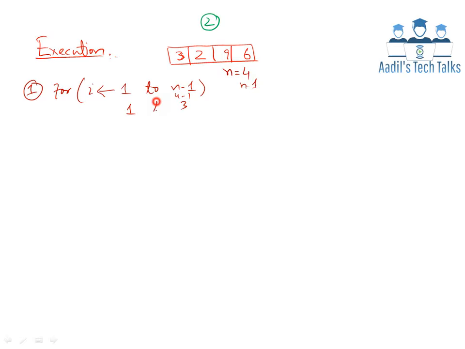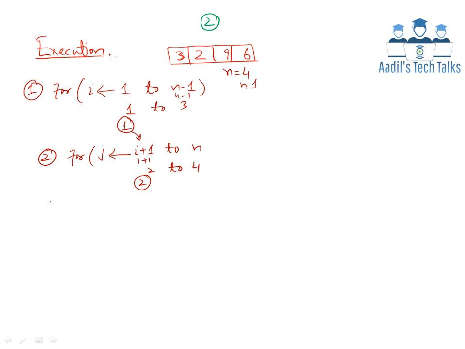This means for i gets 1 to 3, and the first value of i is 1. Second, for j gets i plus 1 to n. Now i is 1, so 1 plus 1 is 2, to n which is 4. This means the value of j will be 2, 3 and 4. The first value of j is 2.